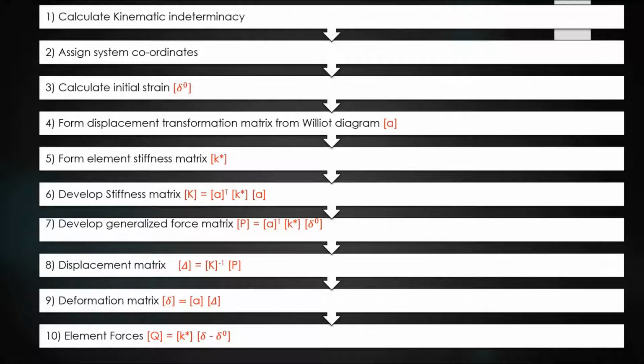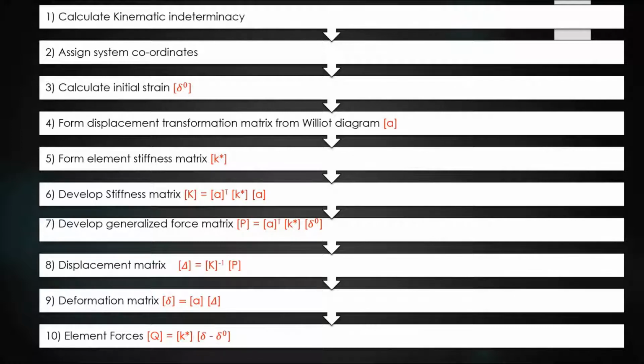First step is to calculate kinematic indeterminacy. Then we will assign system coordinates. After that, we have to calculate the initial strain, that is the strain developed on members of a structure due to lack of fit. That is, in lack of fit, any of the members will not fit the entire structure.